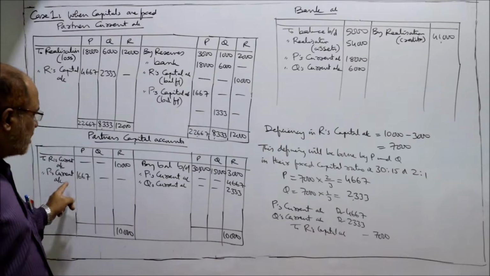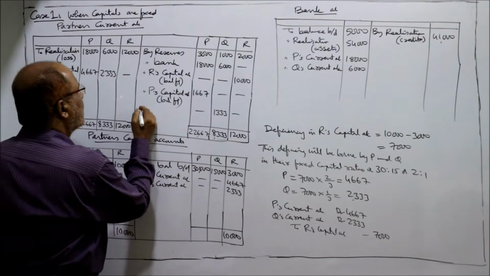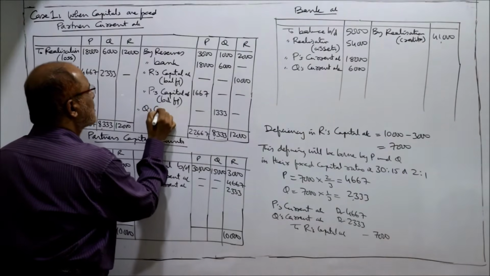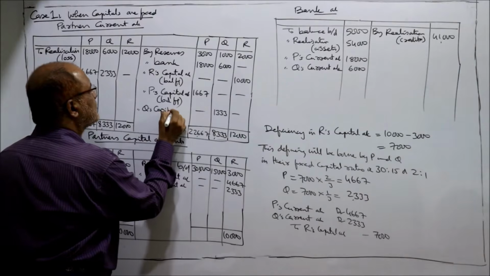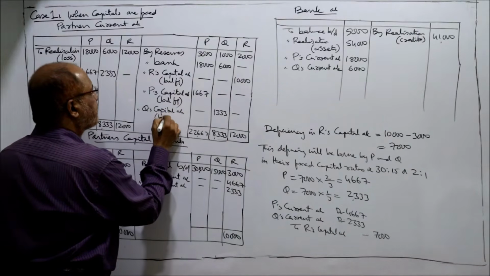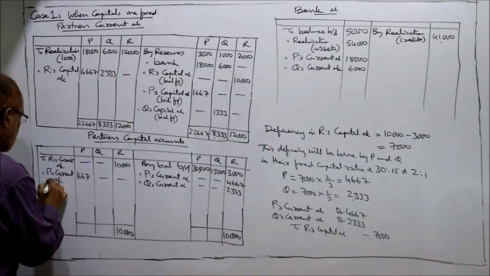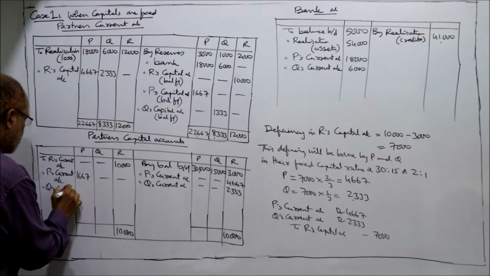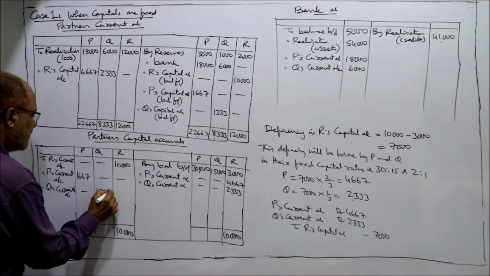So the entry will be Q's capital account debit to Q's current account. तो यहां पर लिखेंगे Q's capital account balancing figure here to Q's current account 1,333.